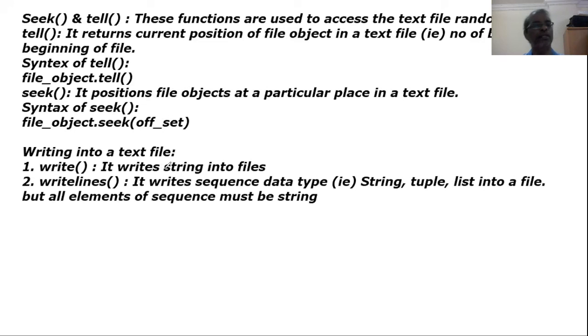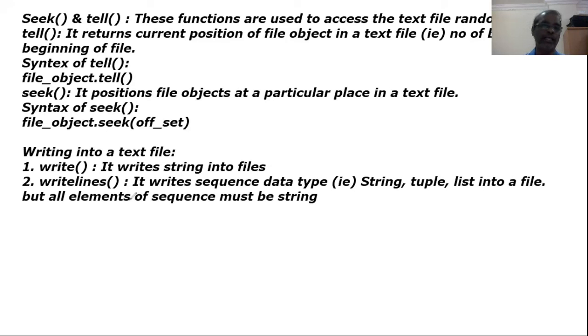So, writing into a text file. There are two functions used to write characters or a sequence or string into a text file. One is write. It writes a string into a file. If you want to write one single string into a text file, write is enough. If you want to write more than one string, we should go for a list or tuple.